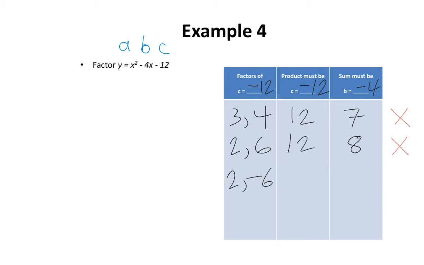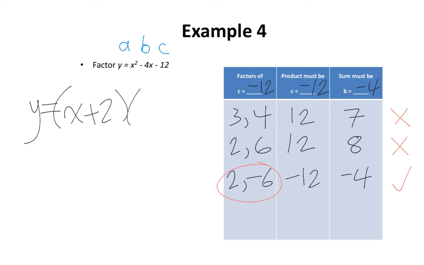So 2 times negative 6 is negative 12, and 2 plus negative 6 is negative 4. So it looks like we have a winner. So those are the factors that we want to use. So I'm going to rewrite my parabola in factored form now. So I'm going to get x plus 2 multiplied by x minus 6.